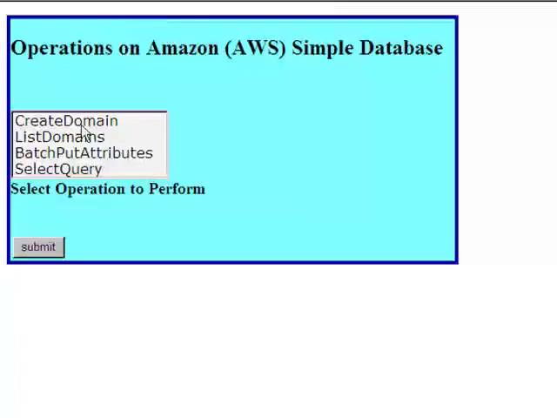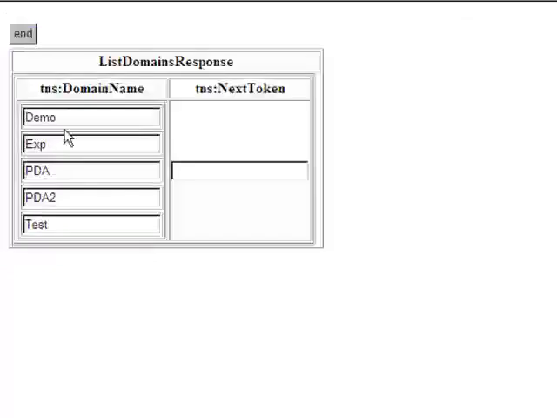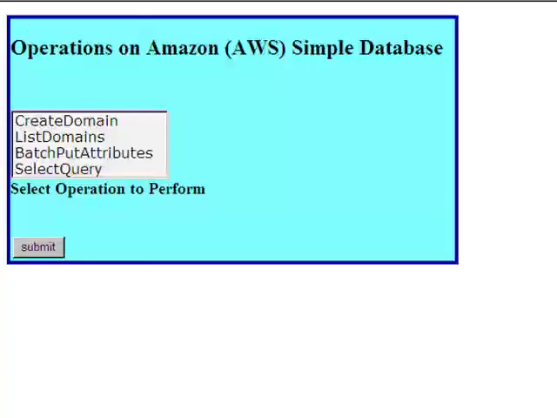Let's look at our list of domains to make sure demo was added. SimpleDB returns a list in XML format, which we display directly in the JSF page. Now let's query the new domain for data.